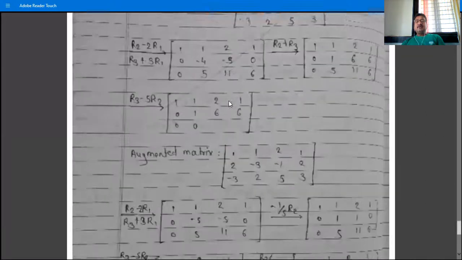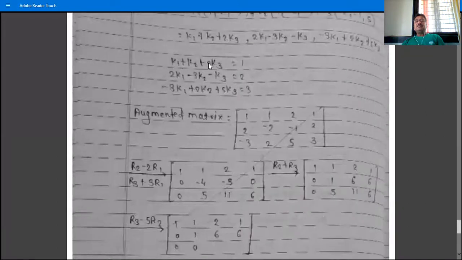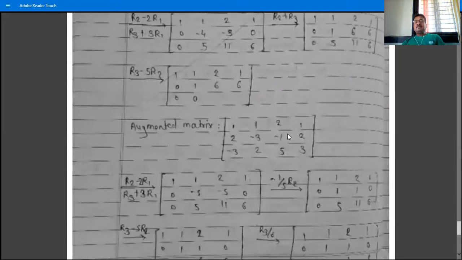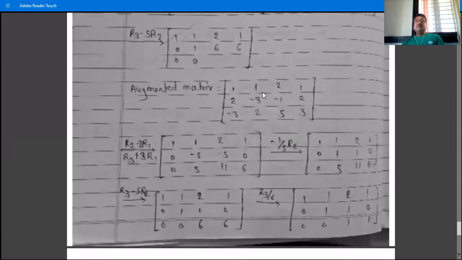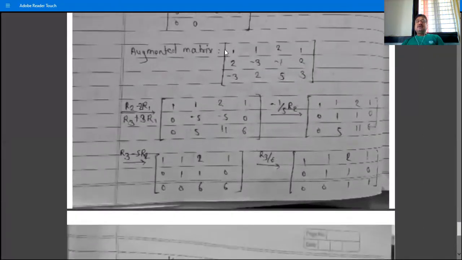So we have to write the augmented matrix: 1, 1, 2, 1; 2, -3, -1, 2; and -3, 2, 5, 3. This is the augmented matrix, the combination of A and the matrix of constants B, and we have to reduce this matrix to echelon form. Here is 1, so we have to reduce this 2 and -3 to 0.